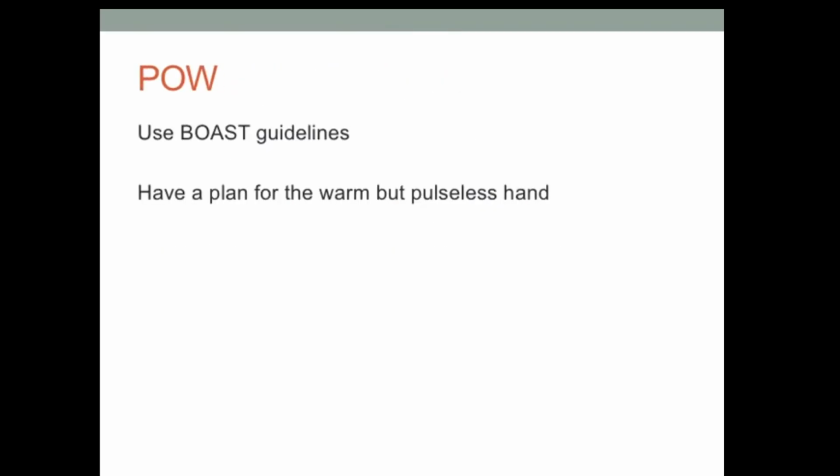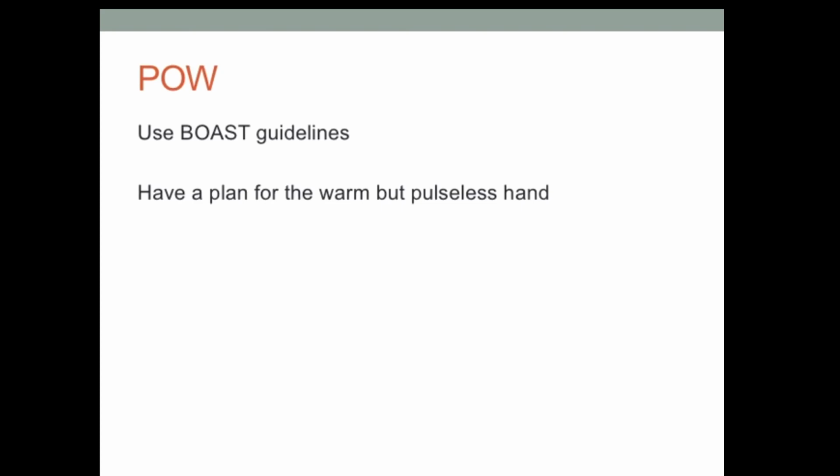So really, the pearls of wisdom for managing supracondylar fractures for me are, always consult the BOAST guideline on this when you're starting out seeing these patients, as they give very clear guidance on how to manage them.